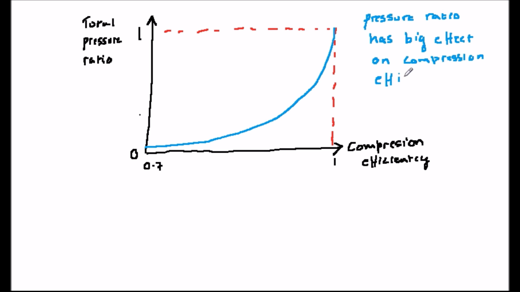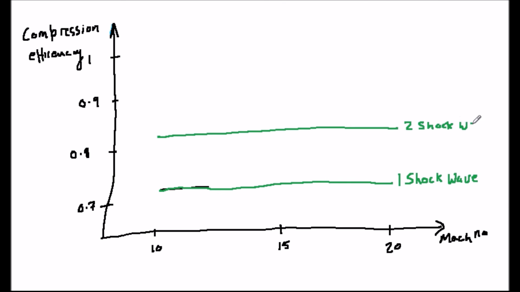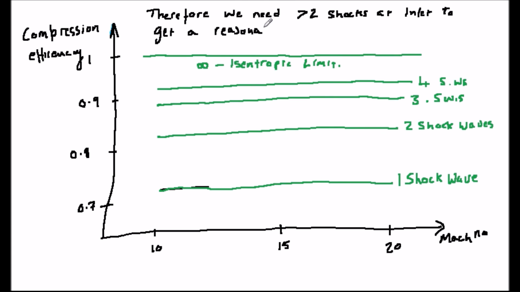And it's obviously essential, therefore, to keep this as high as possible. Further development of equations show that good compression efficiency requires at least 2 shock waves in the intake compression surface, and preferably more, and in fact preferably an isentropic compression system.